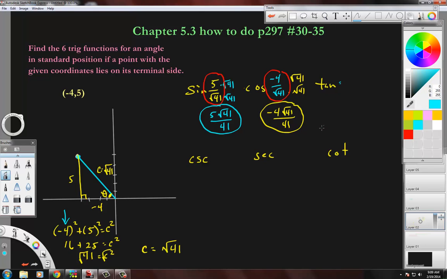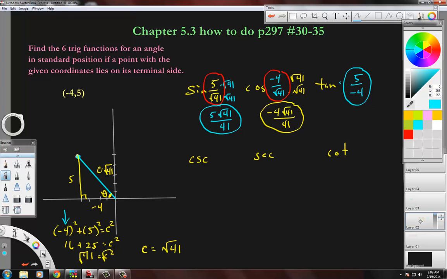Okay? Tangent. Opposite over adjacent. That's 5 over -4. Make sure you're paying attention to the negative signs. 5 over -4. All right. Now's where the red circles come in. Because if I'm doing the cosecant, which is the reciprocal of the sine, instead of flipping the blue circle, flip the red circle.